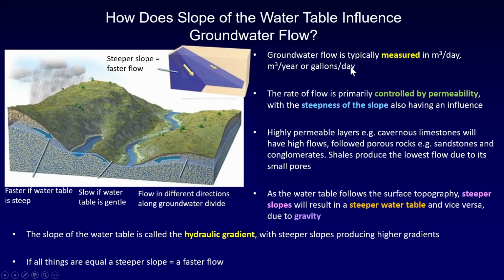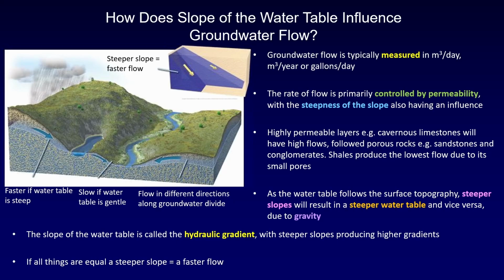Groundwater flow is typically measured in cubic meters per day, cubic meters per year, or gallons per day. Now, the rate of flow is primarily controlled by the permeability. How easily can your groundwater move through your layer of rock?